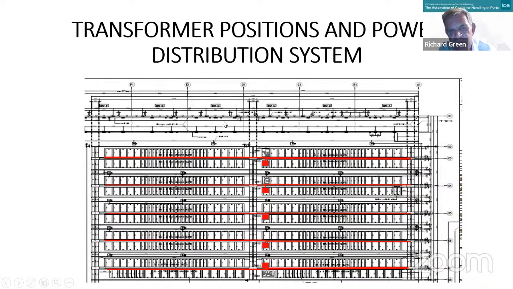The red squares are the mini substations that we have. Now, the power supply from the main substation is 22 kV, and then it's lowered down to 440 volts at these stations. And then we have conductor bars going from each side.